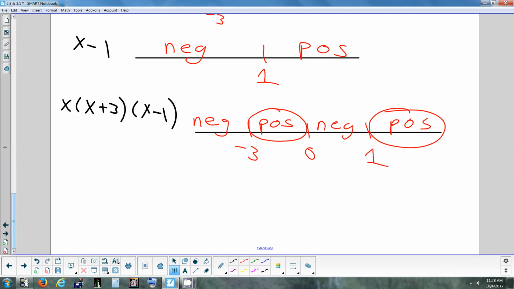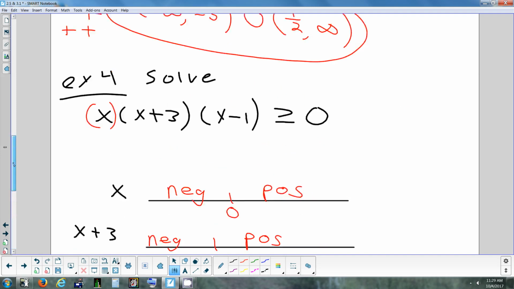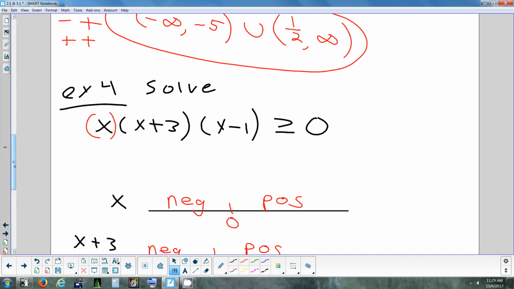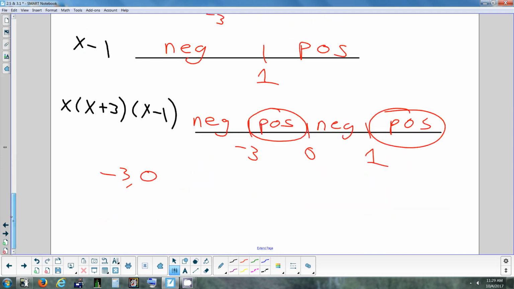Well, what two numbers is it between? -3 and 0. Yeah, -3 to 0. Now, do you include the -3 and 0, or do you not include them? You do, okay, because it's equal to. Okay, you could equal 0, so we do include it. So is that a bracket since we include it, or a parenthesis? It's a bracket.